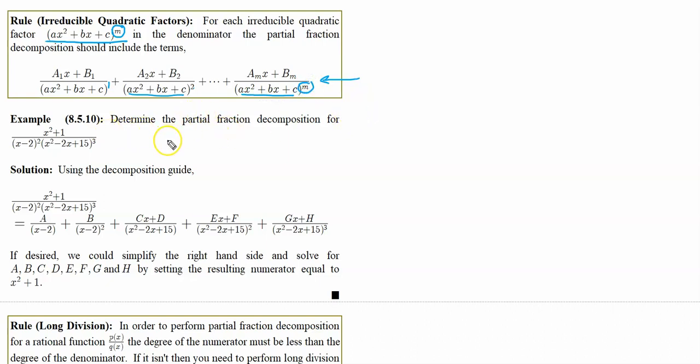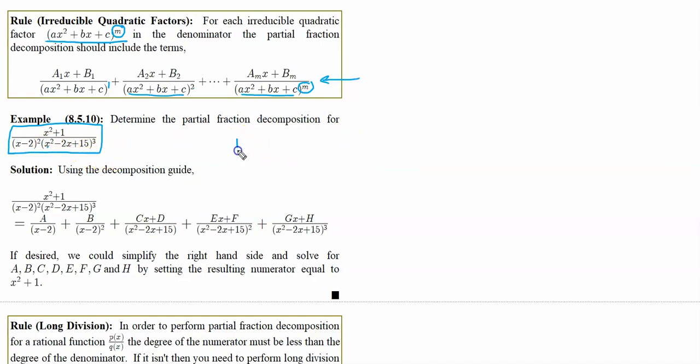Now let's take a look at this example to see how this works. Suppose you want to find a partial fraction decomposition for this rational function that we have here. So you notice the denominator has a linear factor, x minus 2, and it is squared. And then you have an irreducible quadratic to the third power. Now, you can just verify that x squared minus 2x plus 15 is irreducible.